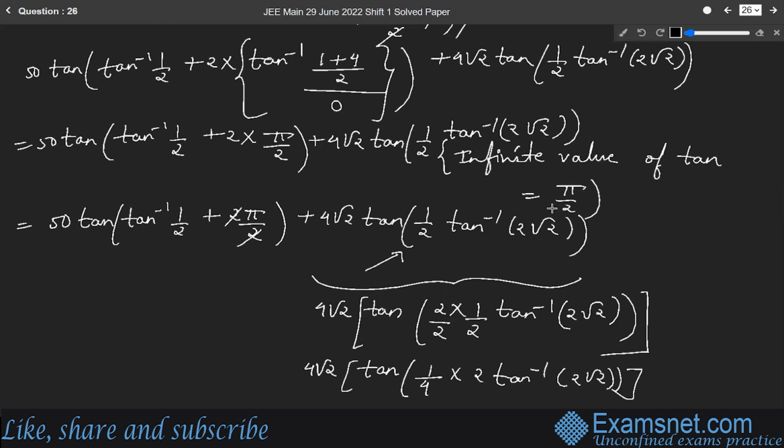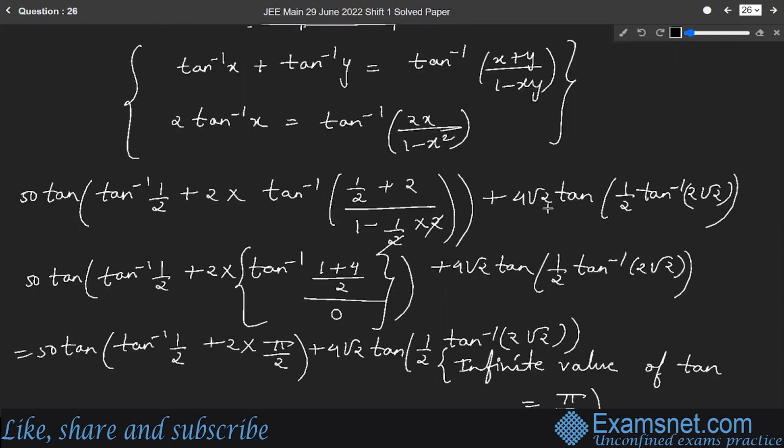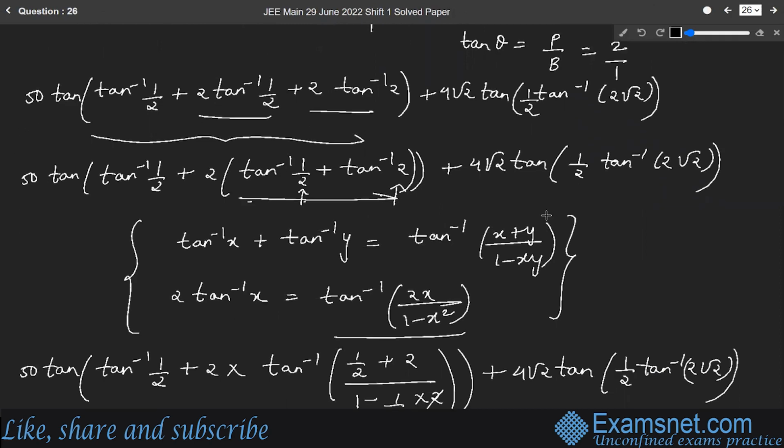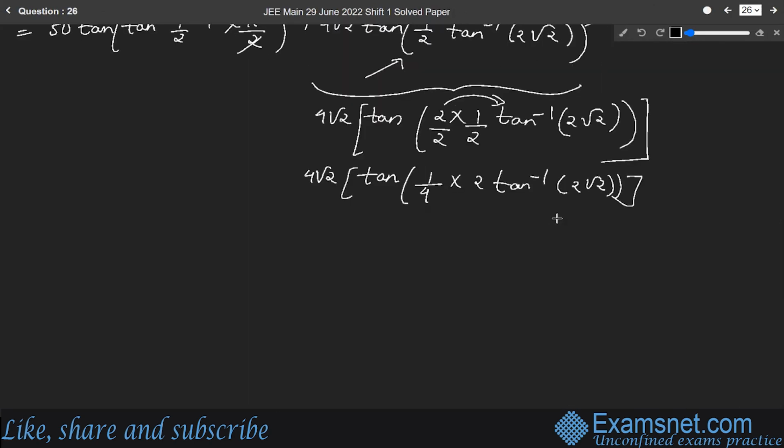All right. When this 2 will be multiplied with tan inverse 2 root 2, it will be 2 tan inverse 2 root 2. Now we know the formula for 2 tan inverse x. Okay. It is tan inverse of 2x upon 1 minus x square. So here 2 tan inverse x is equal to 2 tan inverse 2 root 2. It means that the value of x is 2 root 2.